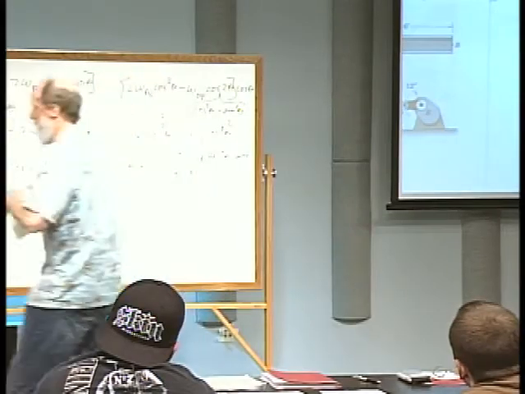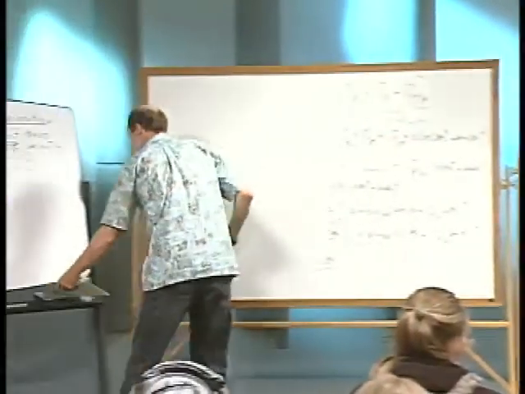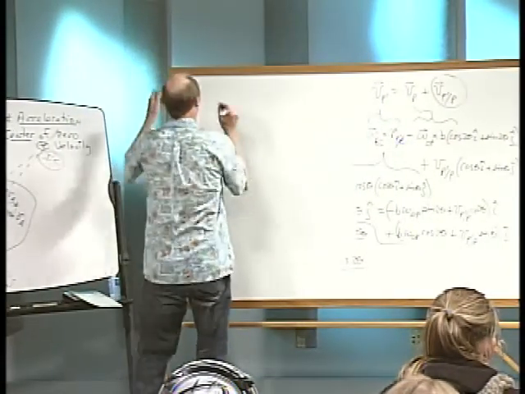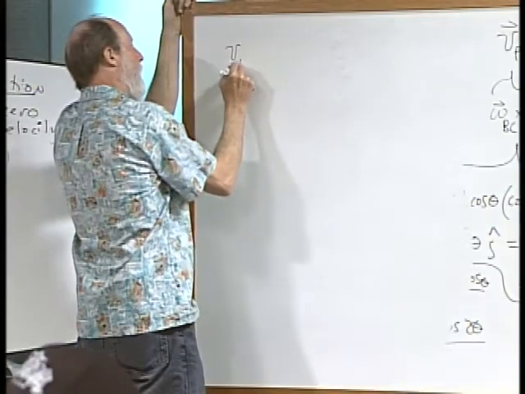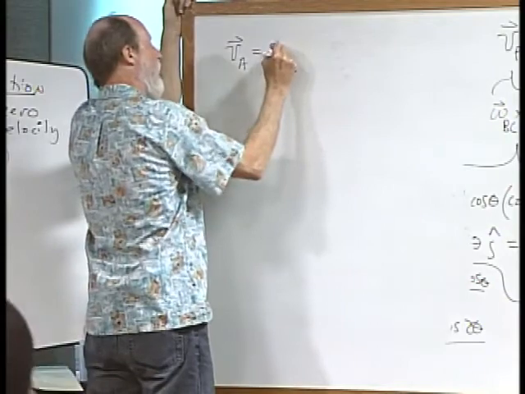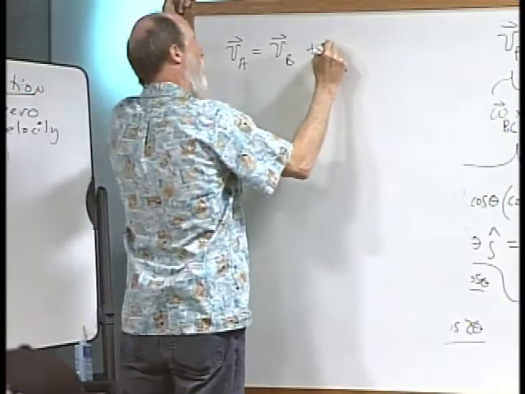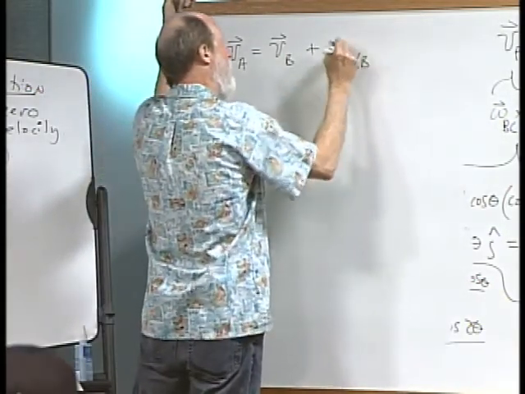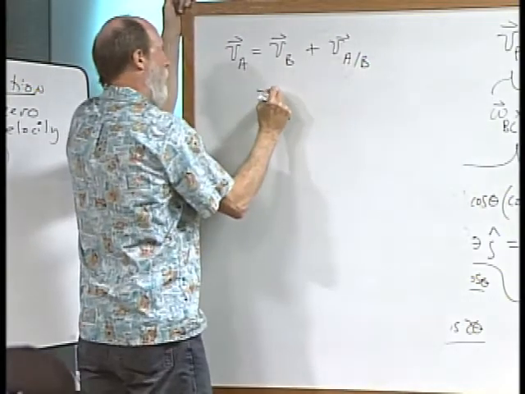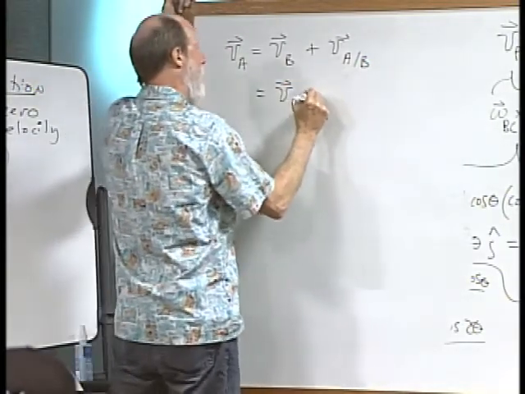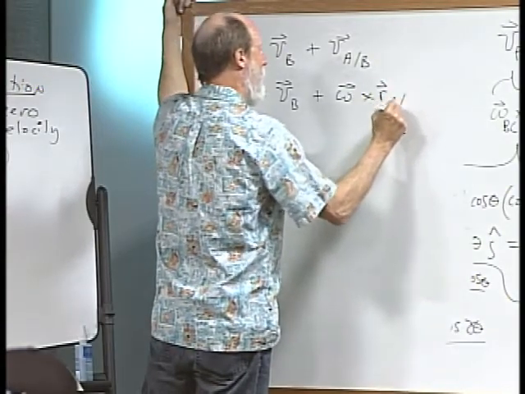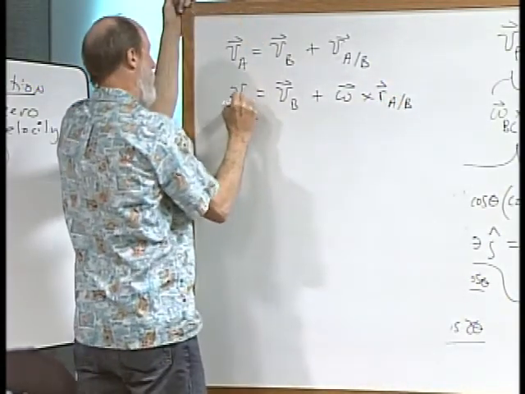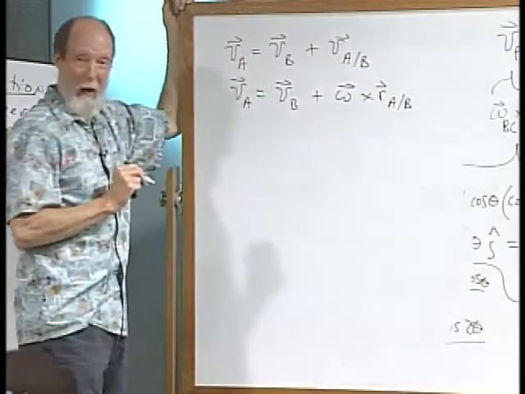Because in our governing equations, we have the velocity of A equal to the velocity of B plus the velocity of A relative to B, where this last term is an omega cross R. You should be getting almost automatic on that.